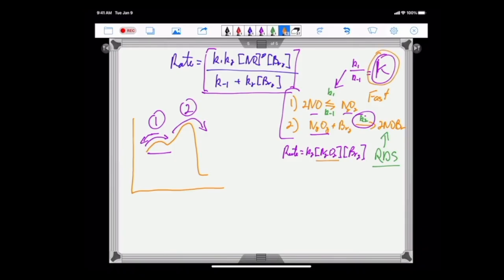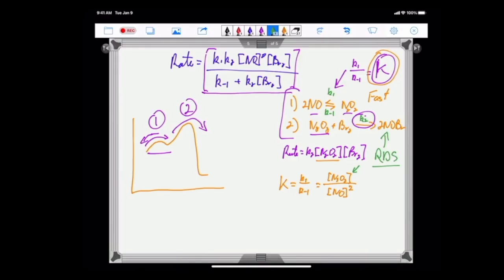Under the pre-equilibrium assumption, capital K is equal to K1 over K minus 1, which is equal to the intermediate N2O2 over [NO] squared. That substitution allows us to express the intermediate as a product of these different components, and we can substitute into that.